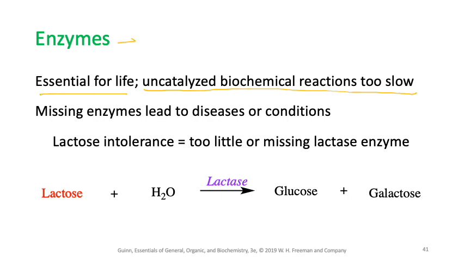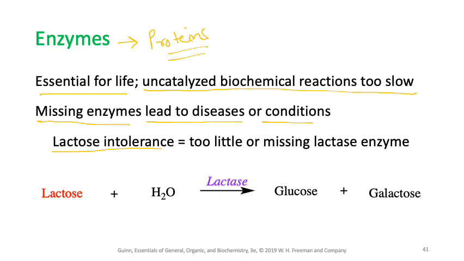And enzymes are made up of proteins mostly, and we're going to learn more about enzymes when we go into the biochemistry part, right? And if the body misses some enzyme that is crucial for some of the important chemical reactions that the body needs, that might lead to some disease condition, right? For example, one of the problems is lactose intolerance.